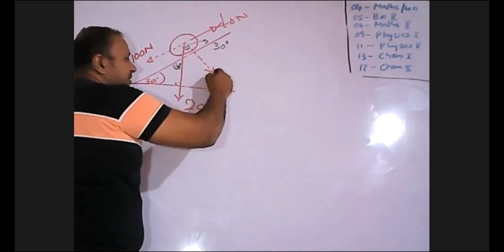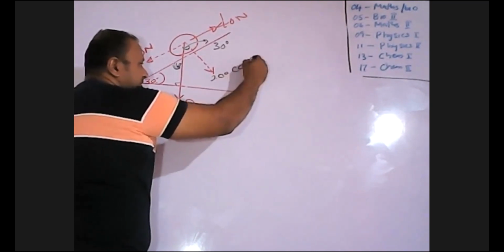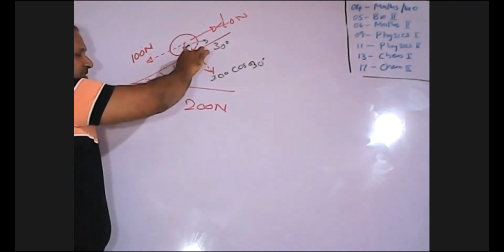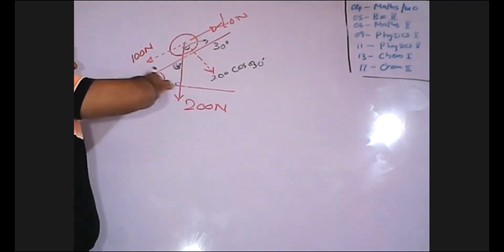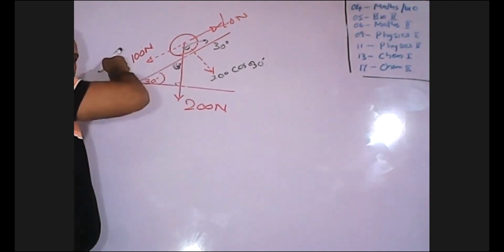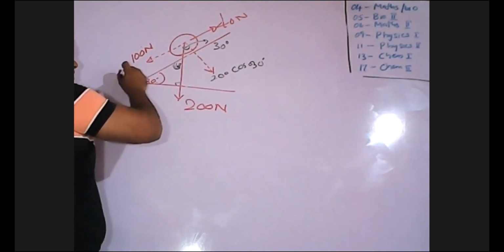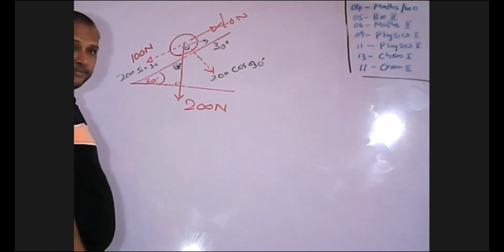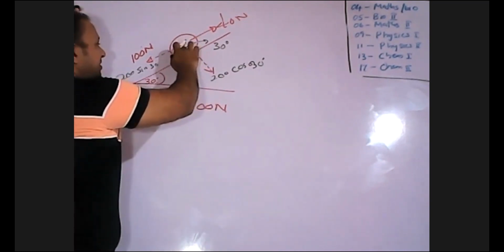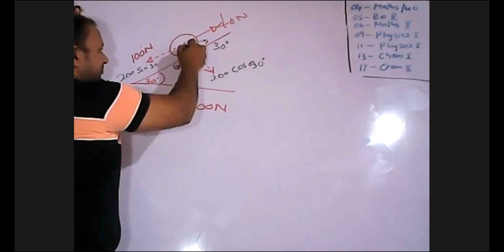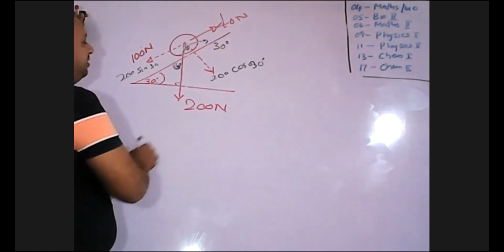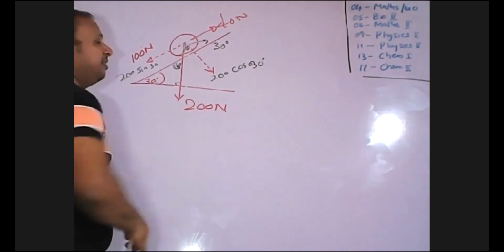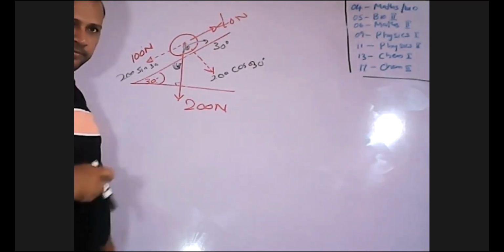That means this one is equal to 200 cos 30. Now if I resolve this one into this direction, the resolved component is equal to 200 sin 30, because the angle is in this way. Therefore, the resolved component in this direction, that means along the plane, is equal to 200 sin 30. Here is another issue.